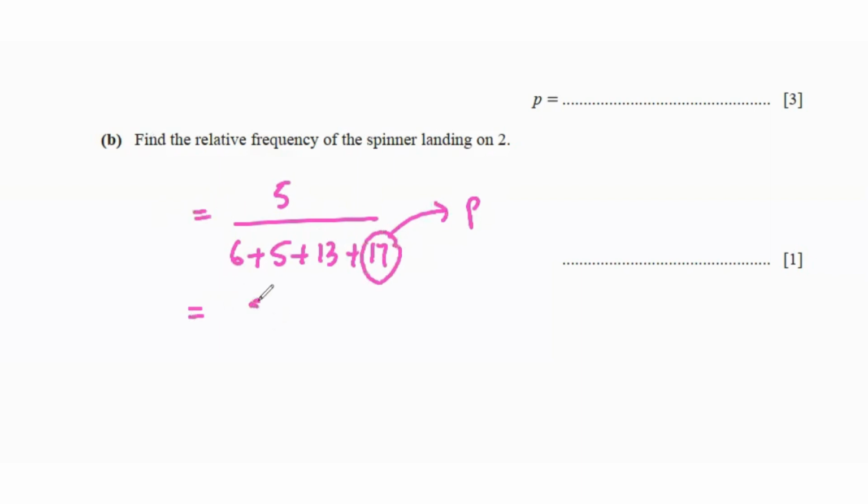So that's going to be 5 divided by 41. For relative frequency, always remember, divide the frequency of an event happening by the sum of frequency.